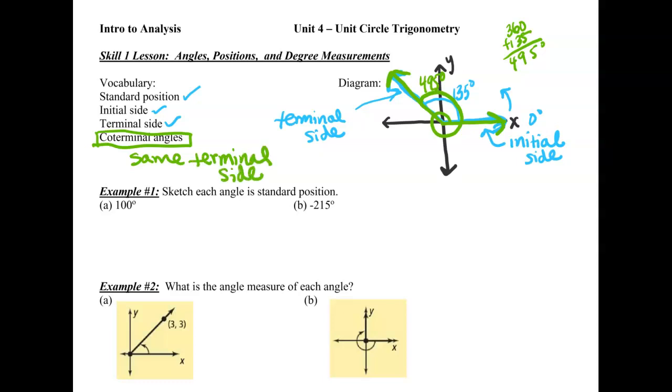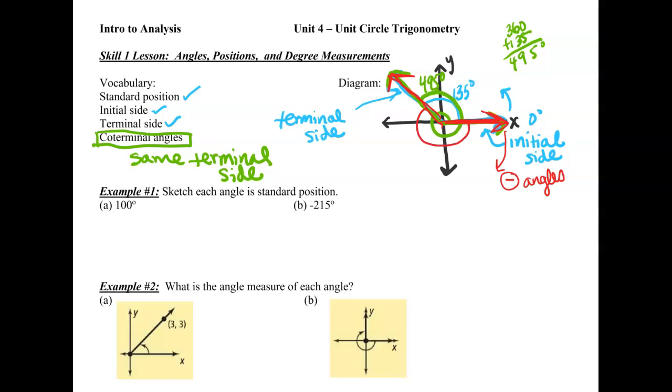Okay. Another thing that's important about this is that you can go in the opposite direction, but those are going to be negative angles. So I'm going to draw this same angle one more time, starting at this initial position, ending the terminal side in the same location, but I'm going to draw the arc here indicating that I went the other way.